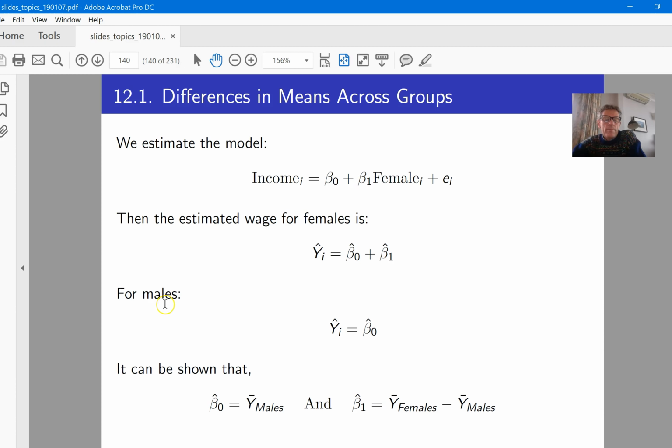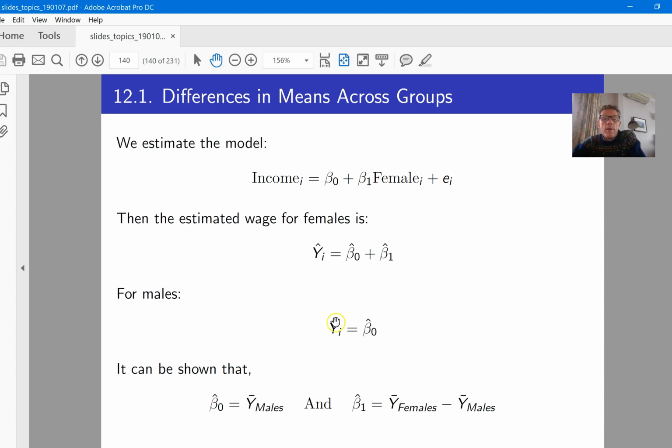If you're not a female, or if we're going to treat people in a binary way and say that if you're not female then you are male, then in that case this variable here is 0, and therefore the income of a person on average will be beta naught plus beta 1 times 0, which is just beta naught hat.